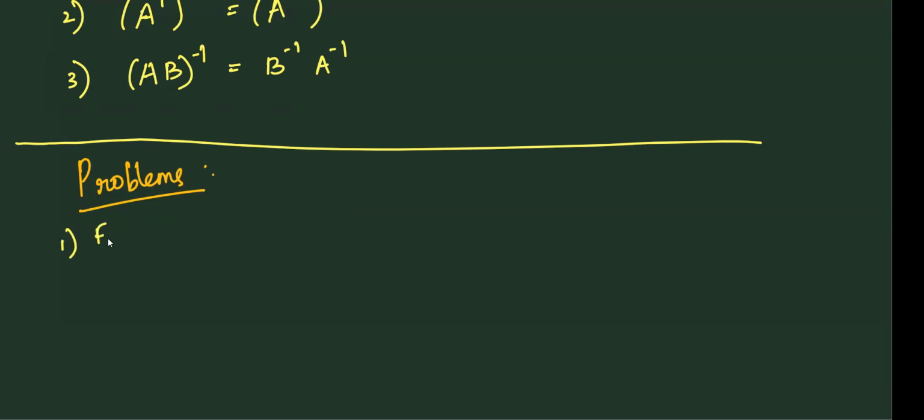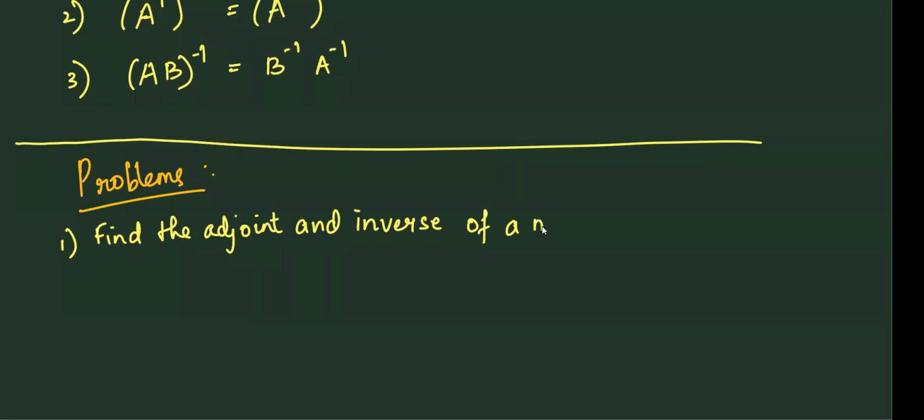Find the adjoint and inverse of a matrix 1, 2, 3, minus 5. Find the adjoint and inverse of this matrix. Okay, I'll give you time. Solve.